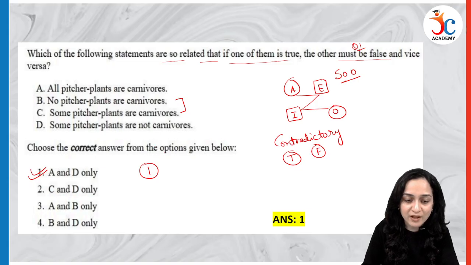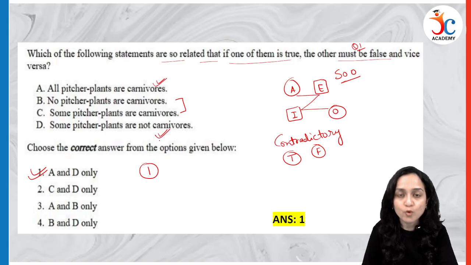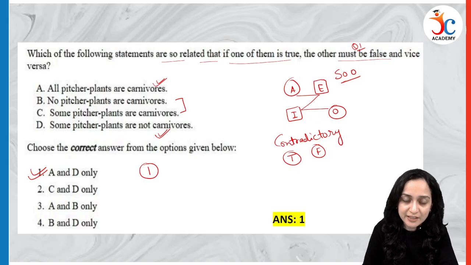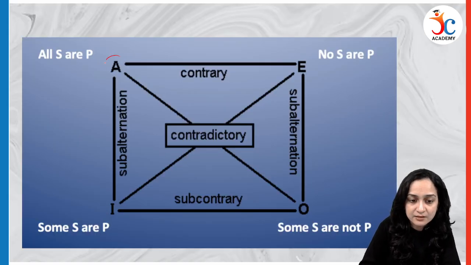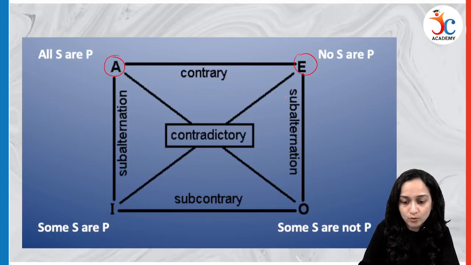So option number 1, that is A, all, and some not, that is O proposition. A and O proposition, they are contradictory in nature. देखिए, this is all, this is no, this is some not, and this is some. So A and O are contradictory, I and E are contradictory.